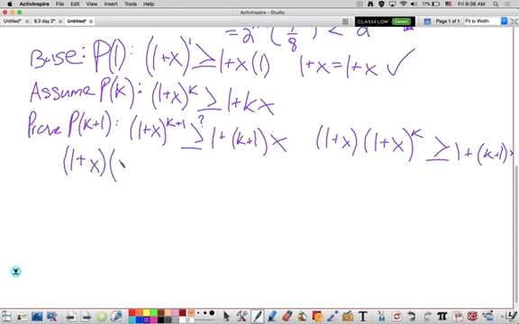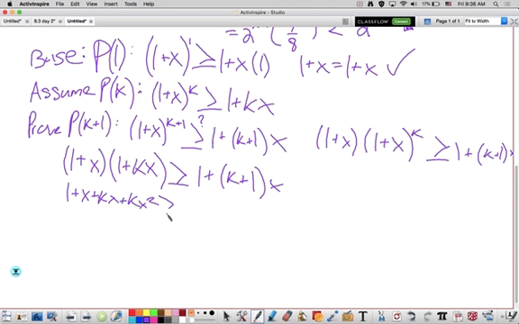Which is the same thing, 1 plus kx, so 1 plus x times 1 plus kx is greater than or equal to 1 plus k plus 1 times x. And then if you multiply this out, you just get 1 plus x plus kx plus kx squared is greater than or equal to 1 plus k plus 1 x. If you simplify this, the 1's cancel out, so you can just subtract them.